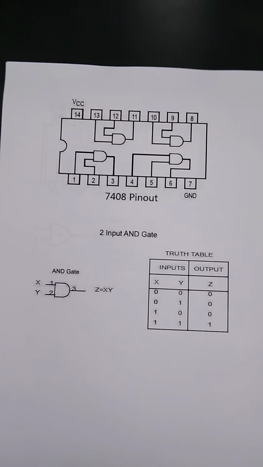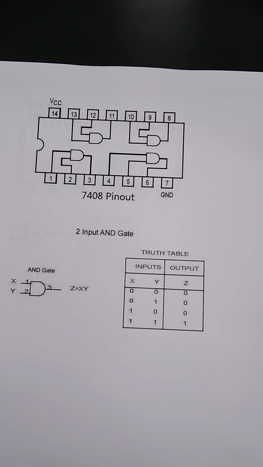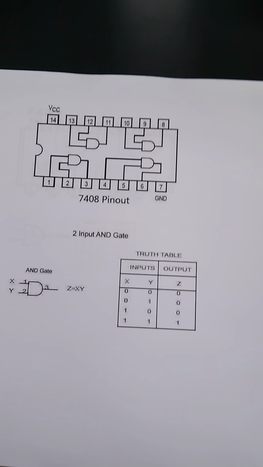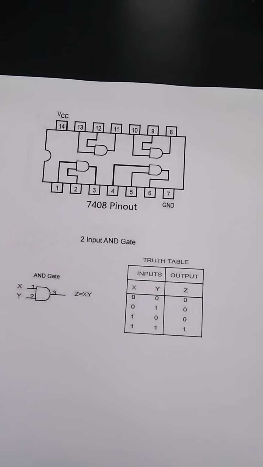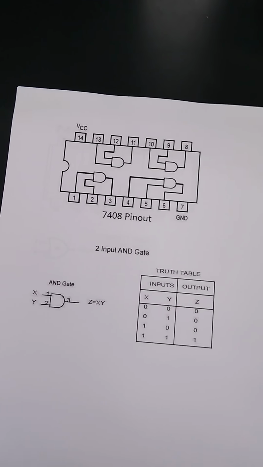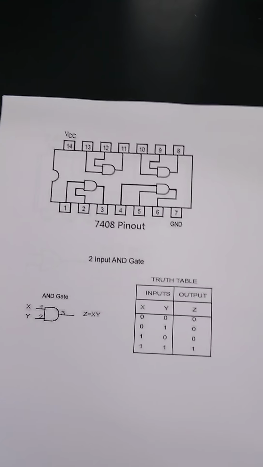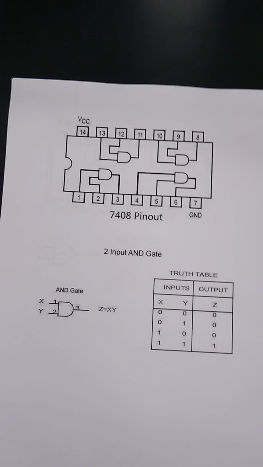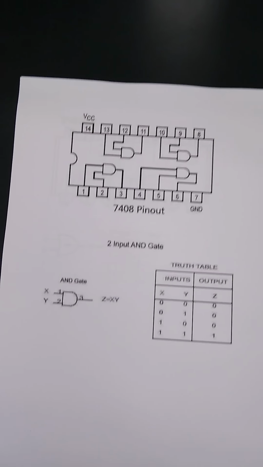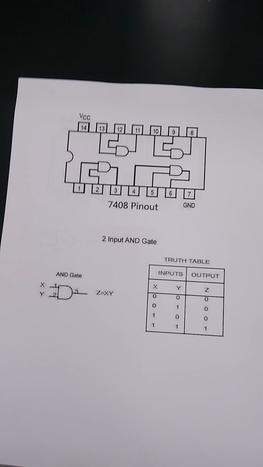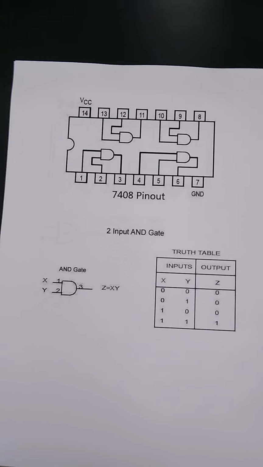An input of 0 means that we connect that input to ground. For the inputs of 1, we are going to connect to the positive of the 5 volt power supply.